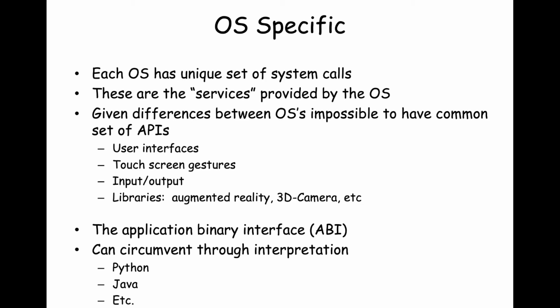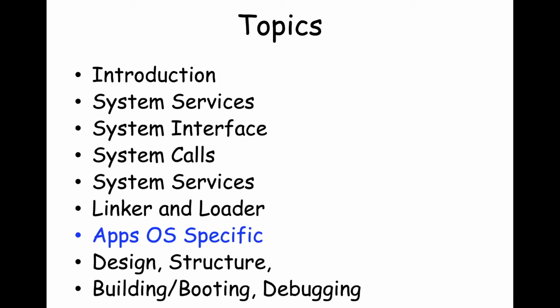There can be many different binary formats. You can also circumvent a lot of these issues through interpretation. With an interpreter, you can have the same program, as it were, on different platforms. But underneath the covers, inside of the interpreter, you're going to have to implement all of the runtime semantics or behaviors for that particular operating system, that particular language platform.